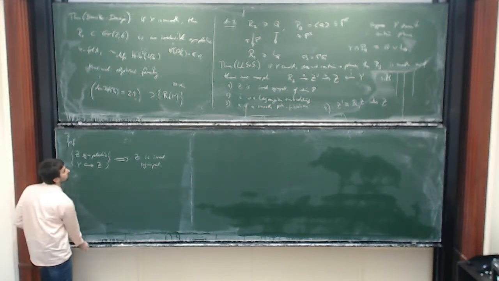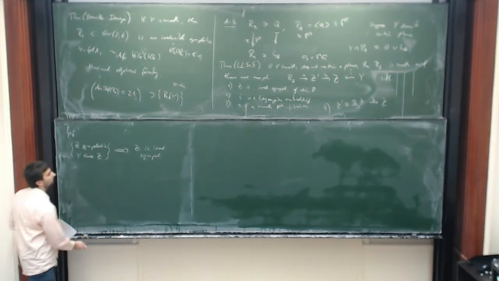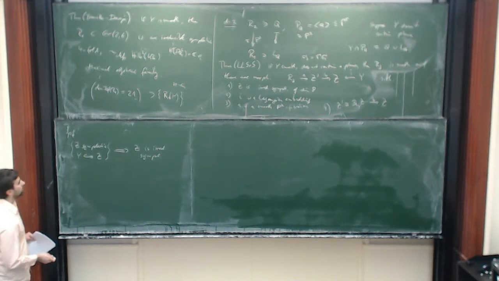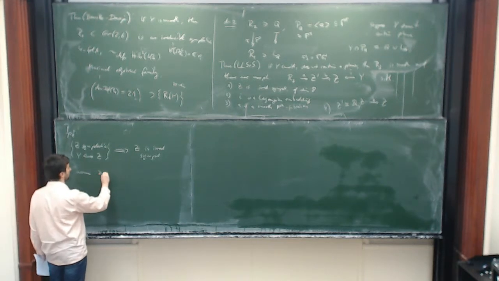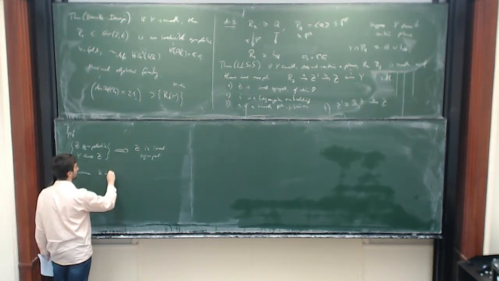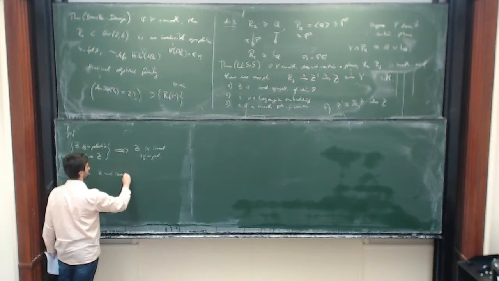Namely, this goes as follows. Assume Z is not irreducible symplectic.